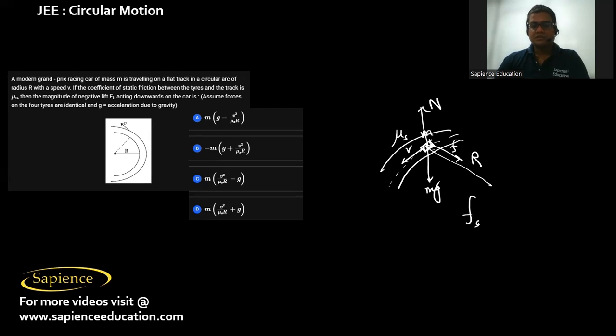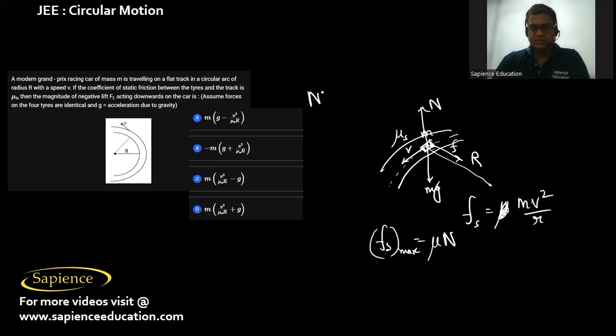So the static friction will provide the necessary centripetal force, which is mv square by r. If the maximum static friction is acting, that is equal to mu n, and n is equal to mg.